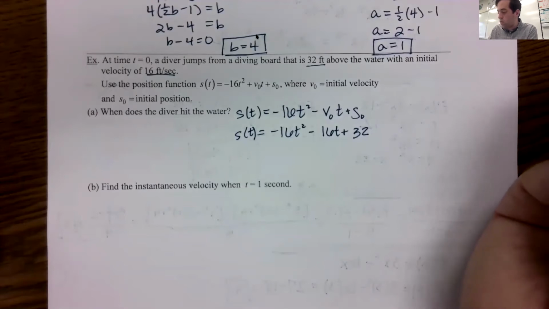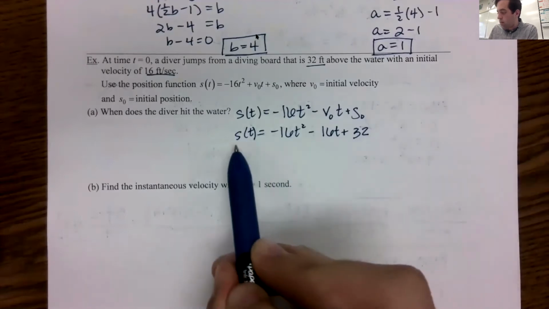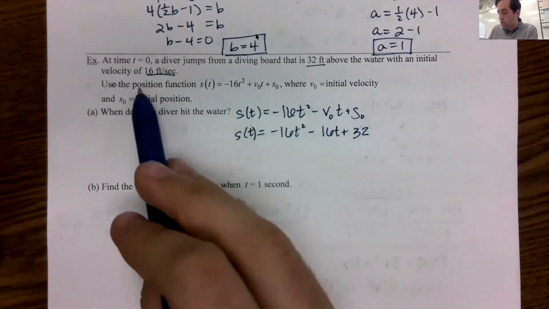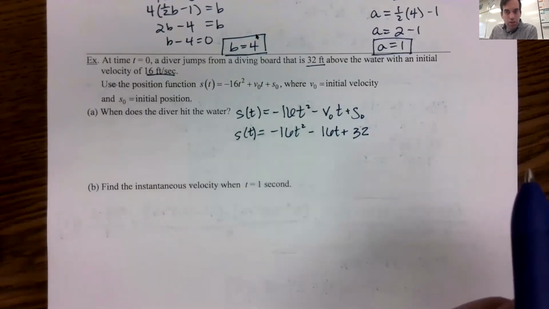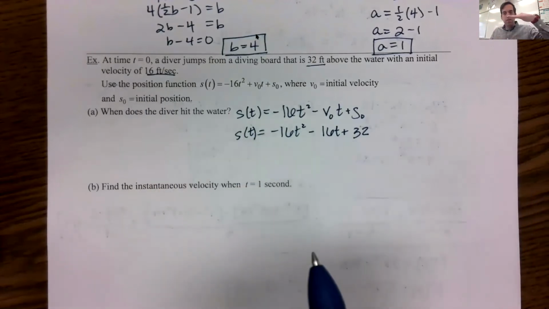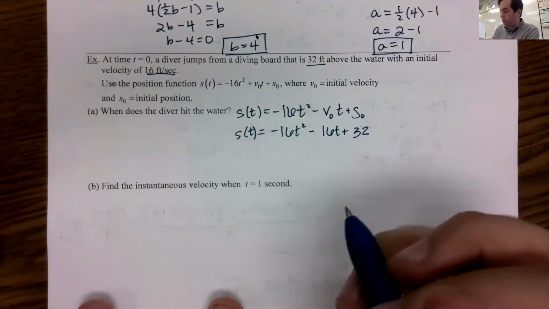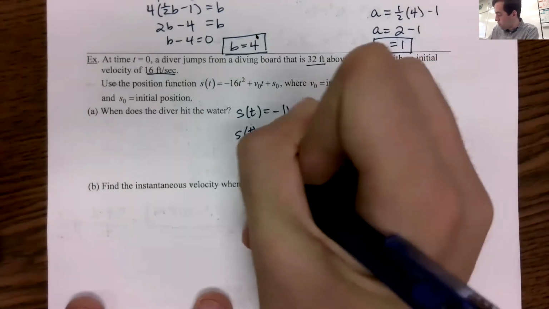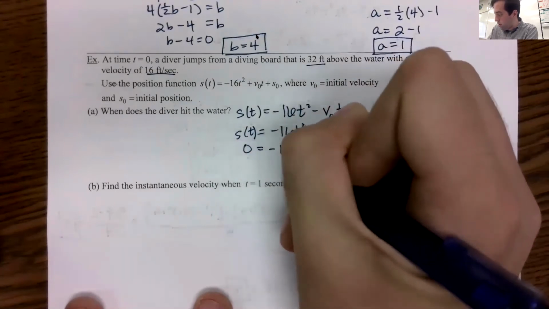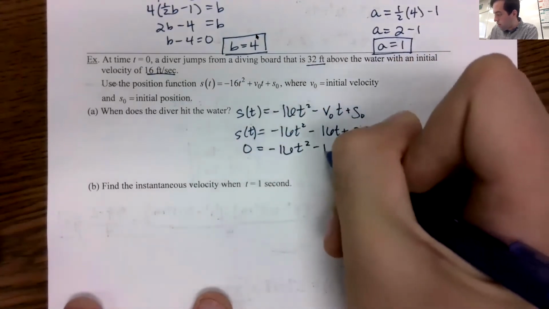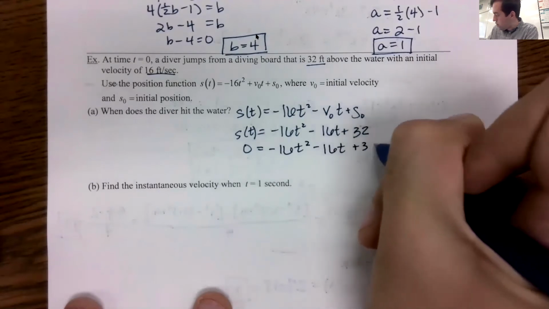So when he hits the water, the position, which is this function, should be 0, right? Because instead of being elevated, he's going to be back to sea level, which is a vertical position of 0. So we have 0 equals negative 16t squared minus 16t plus 32.